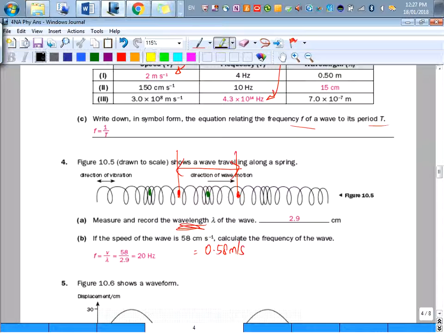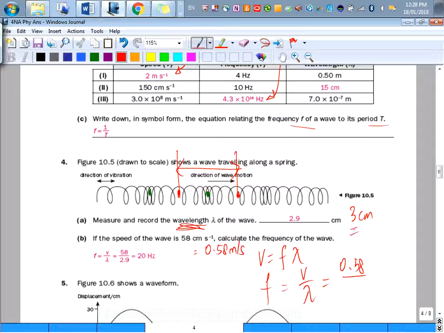So since we have v equals to f lambda, we want to calculate f, and then we will get v over lambda, which is 0.58 divided by the wavelength. Just now you all got 3 cm, right?